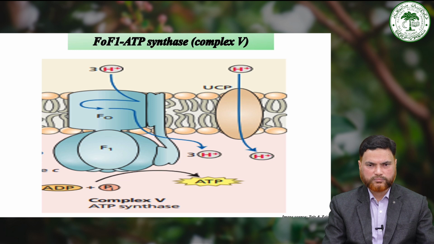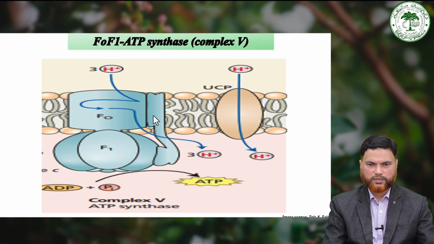Now, how does this F0 F1 ATP synthase help in the synthesis of ATP? How does the movement of protons occur? Protons from the intermembrane space enter the F0 complex through a channel protein formed by subunit C, while simultaneously driving the rotation of the rotor subunit.